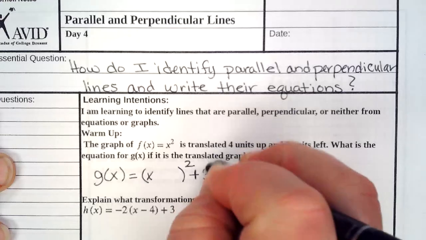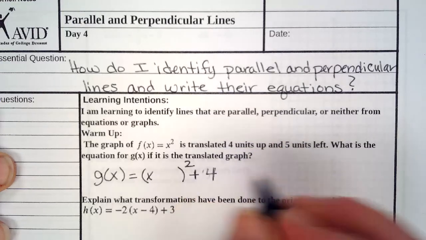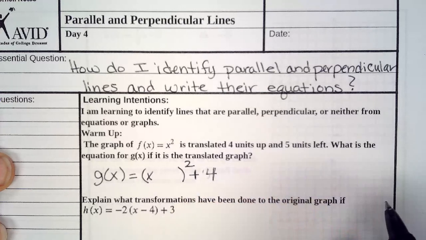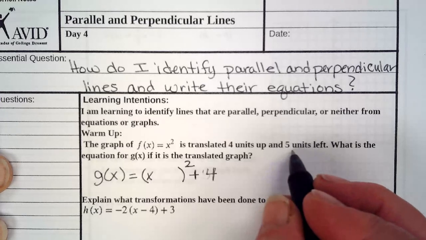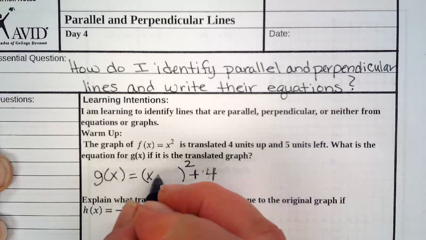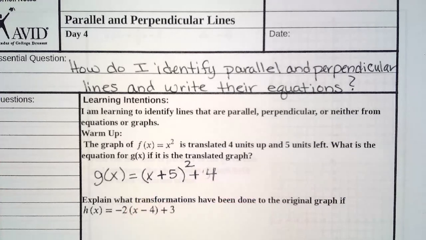So to go up or down is a 4. 5 units left: remember, this is opposite of what you think it should be. Normally, 5 units left means we're subtracting. If it is opposite, then we add. So our new equation is the quantity x plus 5 squared plus 4.